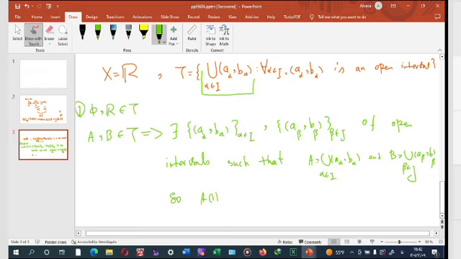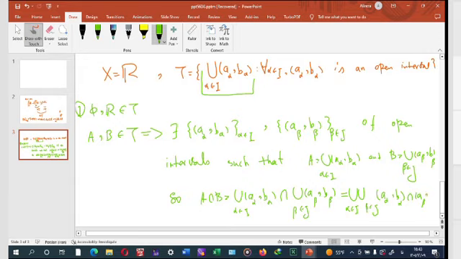So this intersection equals the intersection of the union of A alpha, B alpha, alpha belonging to I, with the union of A beta, B beta, beta belonging to J. This equals A intersect B, and this is equal to the union over alpha belonging to I and beta belonging to J of A alpha, B alpha intersect A beta, B beta.